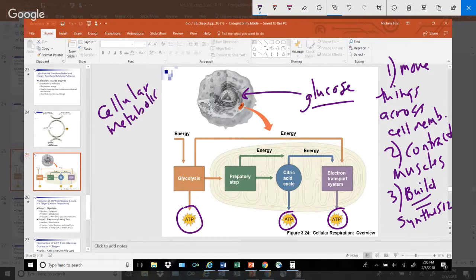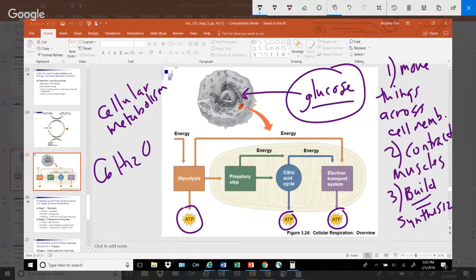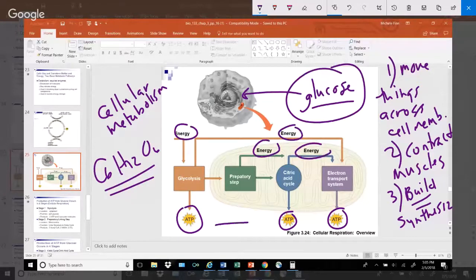That's basically taking glucose, C6H12O6, and completely breaking those chemical bonds, those covalent bonds, apart. As we break them apart, energy gets released, and that energy is transformed into energy that the cells can use. We can't really use glucose for energy at the cellular level. We are transforming it into energy called ATP, and we need the help of our mitochondria to do that.